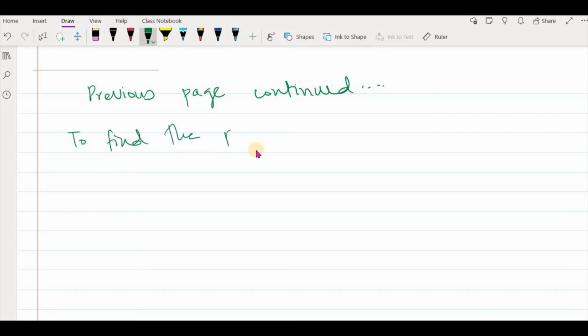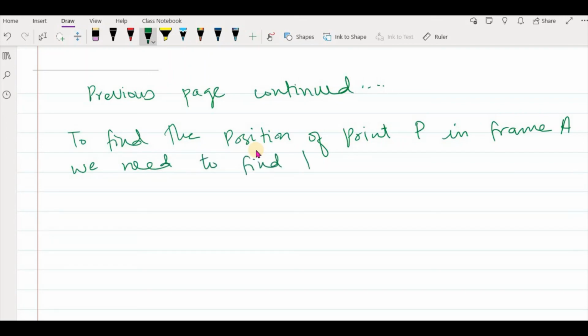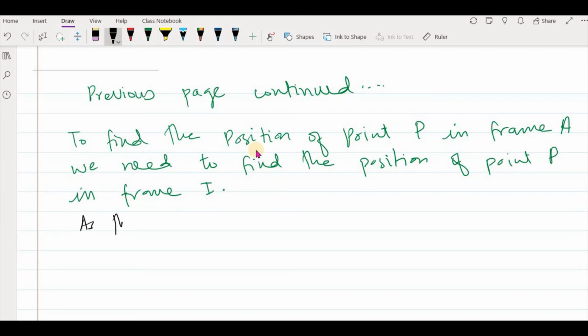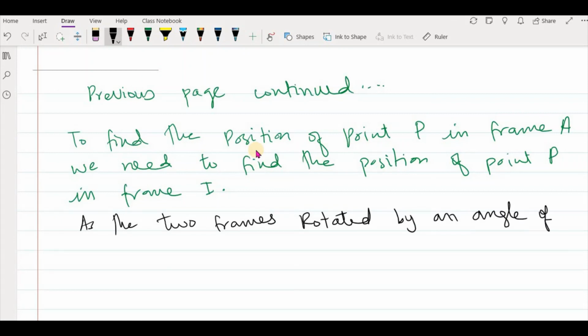To find the position of point P in frame A, we need to find the position of point P in frame I, and as the two frames are rotated by an angle of theta.